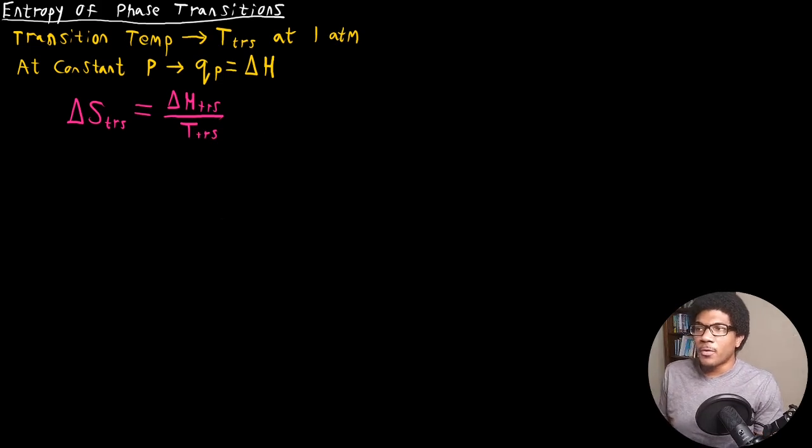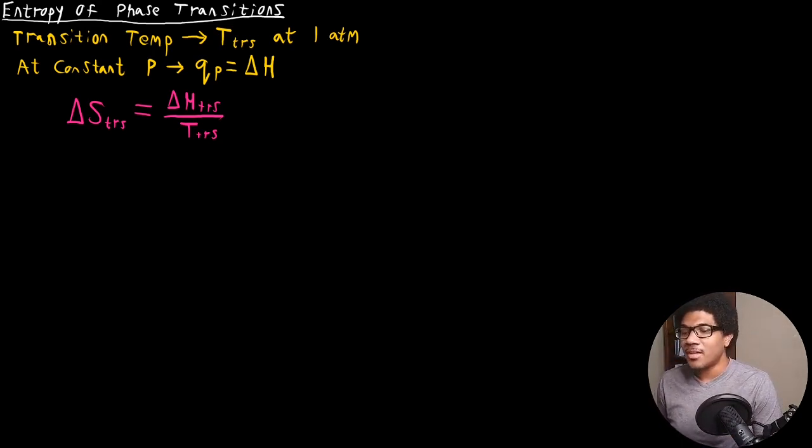So for any phase transition, you don't have to integrate in order to solve for the entropy. When we've been looking at these very general reversible processes, you always have to integrate from the initial to final temperature. But phase transitions happen at a particular temperature, so we don't have to integrate.